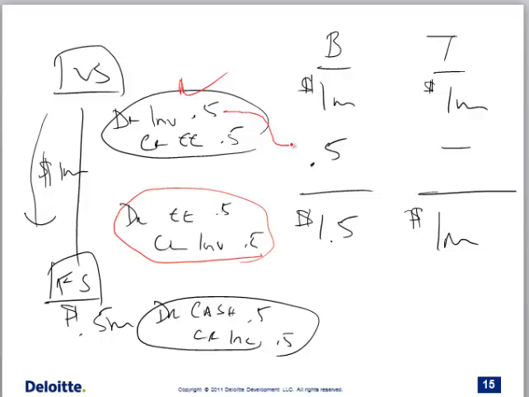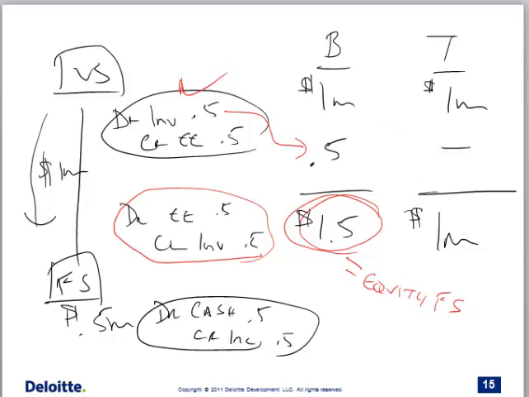And when they book this, it increases the investment for book purposes, so that now, whatever this book investment is, it should equal the equity of foreign sub. Foreign sub's equity is the $1 million of cash it got plus the $500,000 it earned. So US's investment should be the same as the foreign equity. There should be parity. Okay?